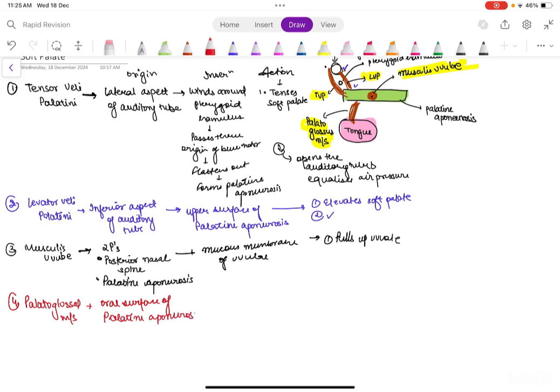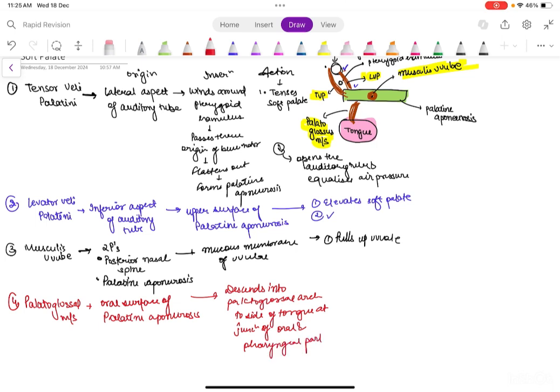Then insertion is that it descends into the palatoglossal arch to the side of the tongue at the junction of the oral and pharyngeal part.